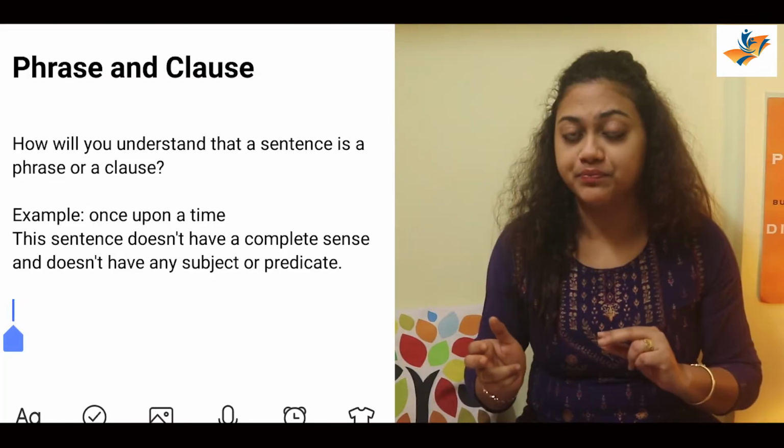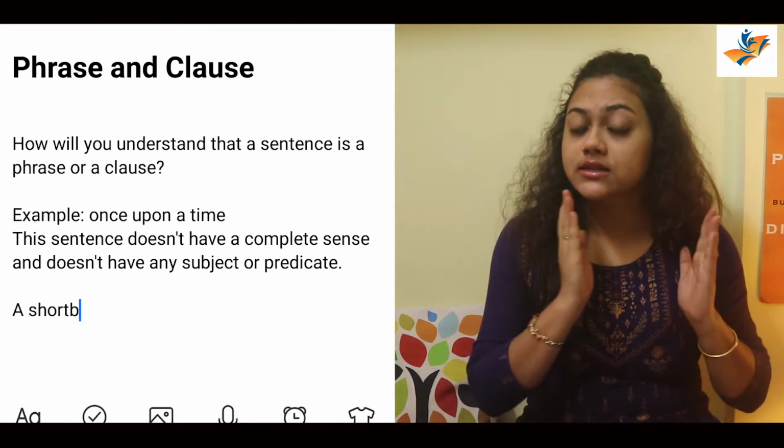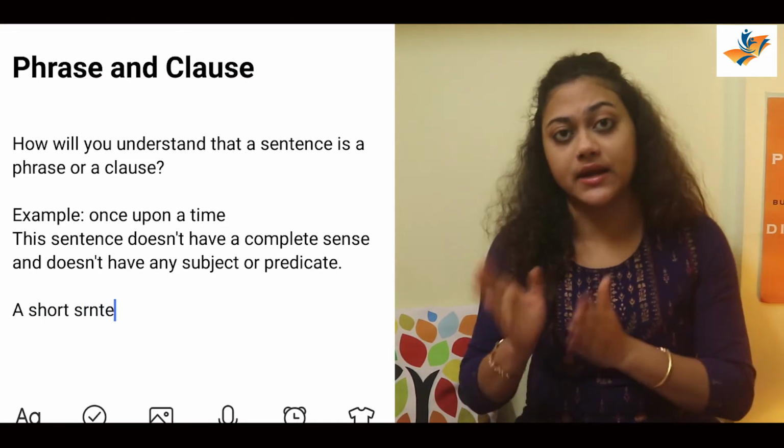Examine a sentence like "once upon a time." Most of the stories begin with once upon a time. Most of the paragraphs often begin with once upon a time. This is not actually a full sentence. It doesn't have a subject and a predicate.